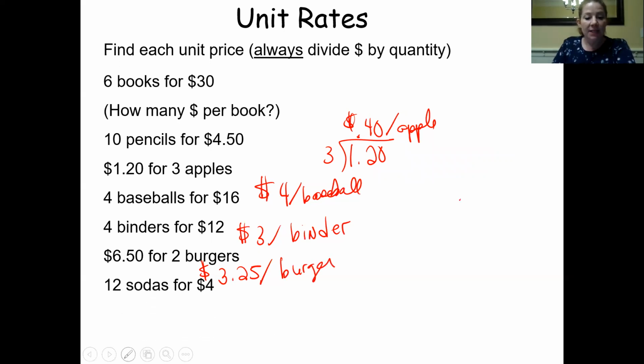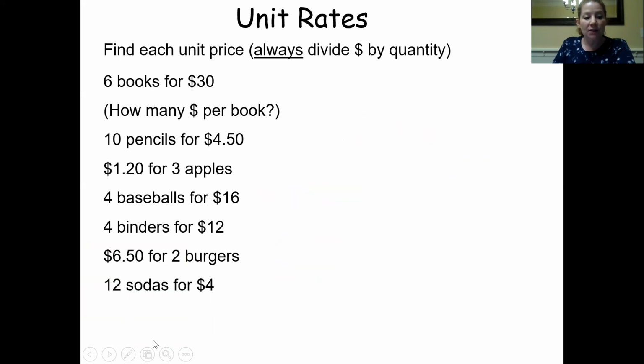What about this one? I spent $4 on 12 sodas. So don't forget, even though it's written so the 12 is first, it's always the money divided by the quantity. So on this one, you might want to say immediately the answer is 3, but that's not right, because we're putting 4 in the box, 12 outside the box.